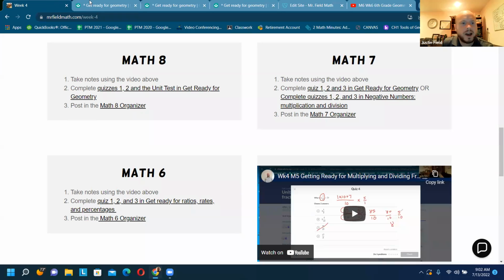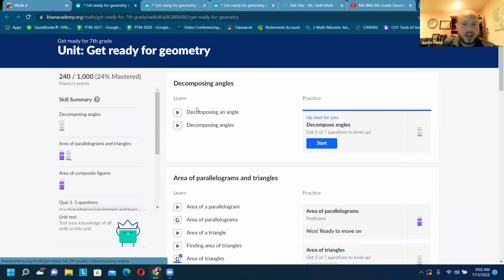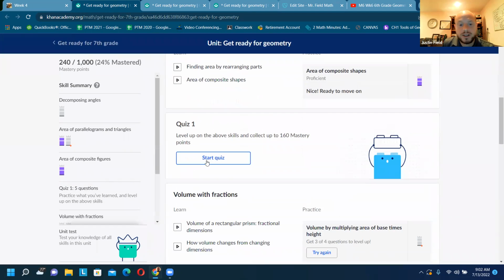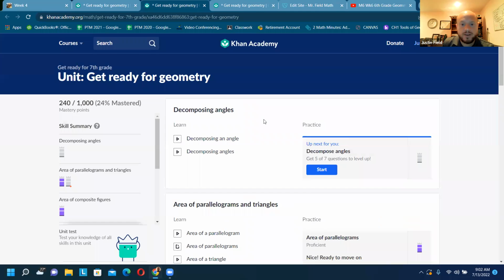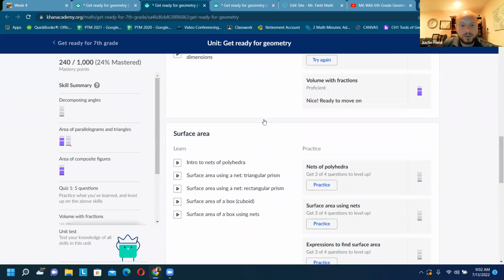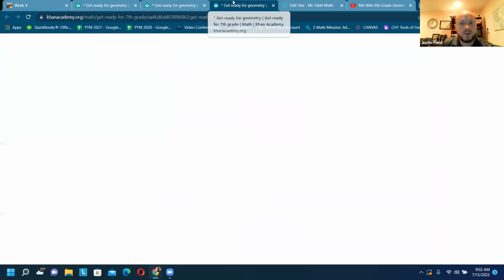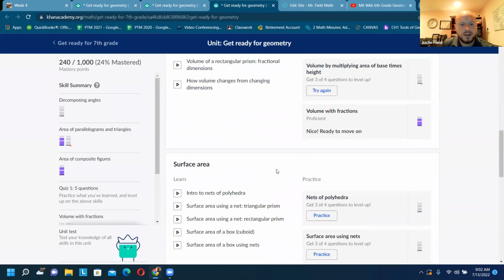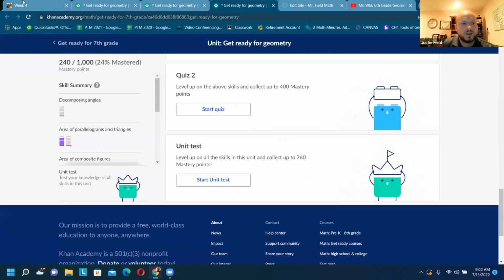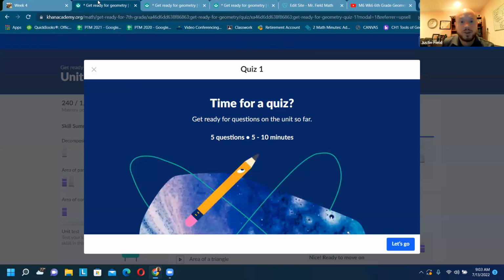Because as we all know, math builds on itself, and that is what makes it challenging. If you don't know how to do something and then someone's giving you the next step, what are you supposed to do? But it looks like I said quizzes 1, 2, and 3, and there's only 2 quizzes.